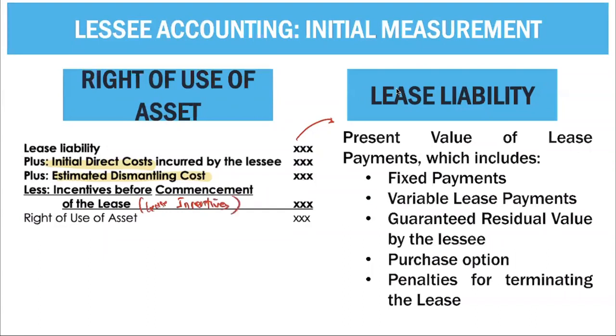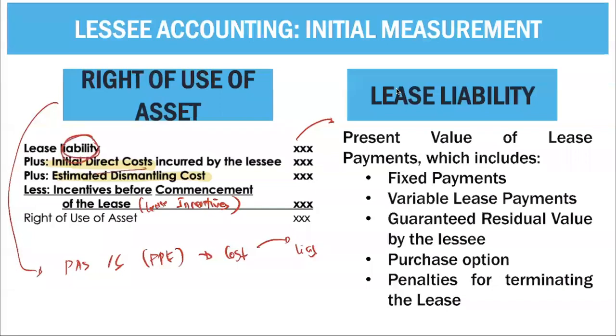So, guys, as you can see, since this is a right of use asset, we recognize this under your PAS 16 already because this is property, plant, and equipment. How do we measure property, plant, and equipment? At cost. Since what you provide here is a liability, you include the liability as part of the cost. Of course, you already know that direct cost is part of the cost of an asset.